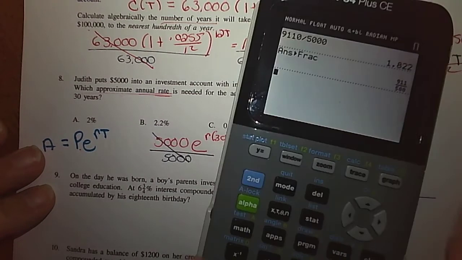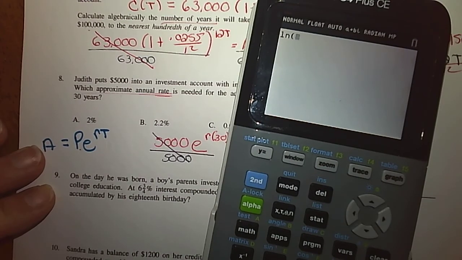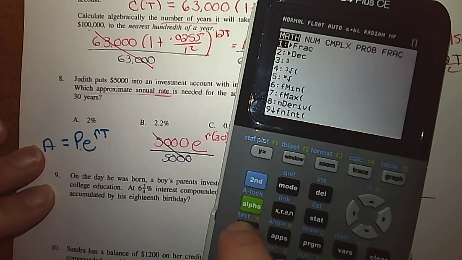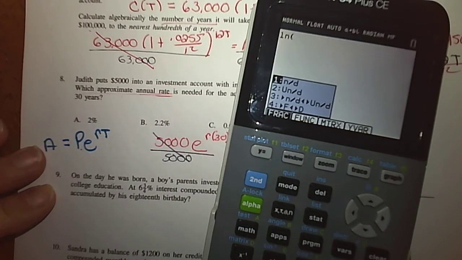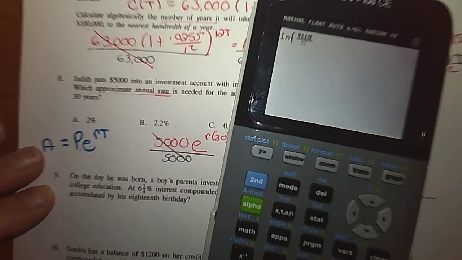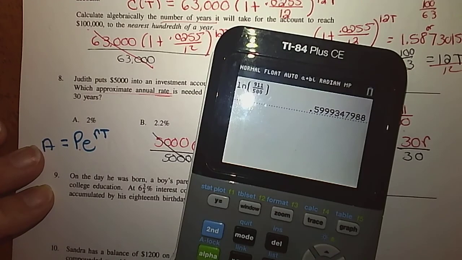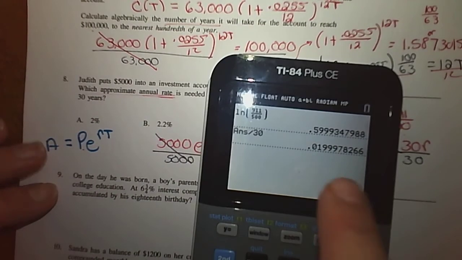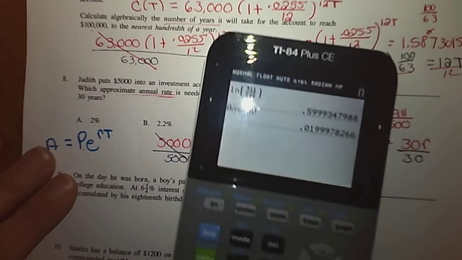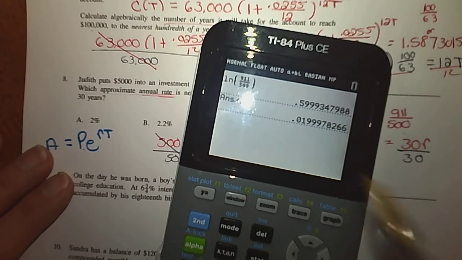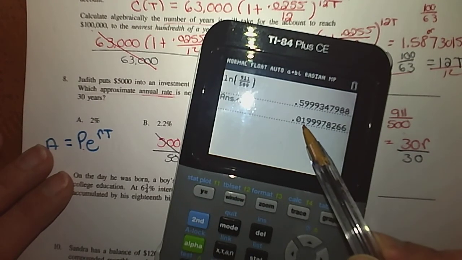Okay, so now the natural log, fraction button, 911 over 500, right? So we got that, and divide it by 30. Now, this is a decimal. We've got to find the percent, so that means we have to move the decimal point twice.